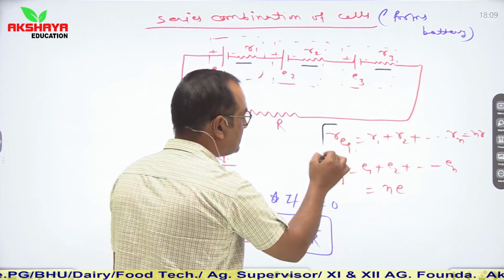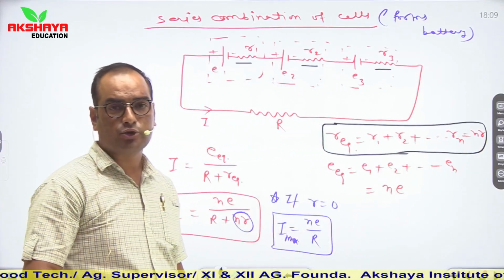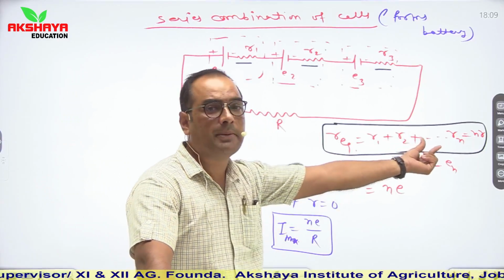So equivalent resistance can be calculated by series combination of resistors. It is R equivalent is equal to r1 plus r2 up to rn.